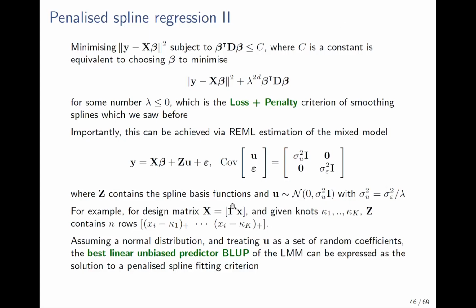All I really want to tell you is that assuming a normal distribution and treating U as a set of random coefficients, variance components, then the best linear unbiased predictor of the linear mixed model can give us a solution to the penalized spline fitting criterion, where lambda falls out of the process of estimating the variance components.